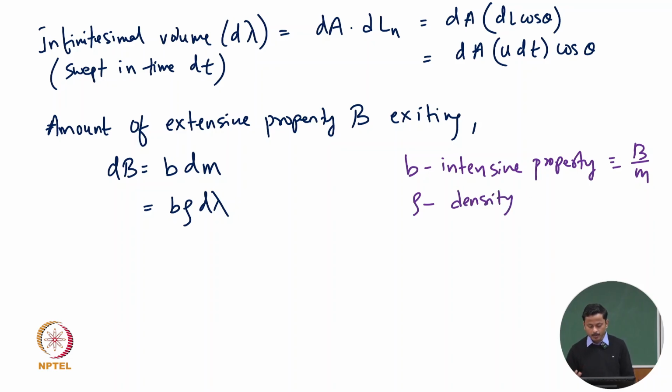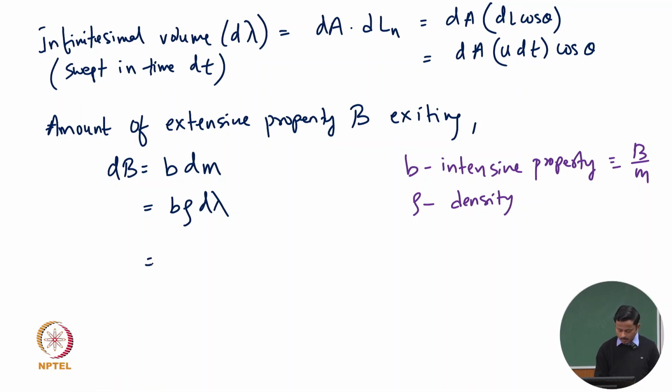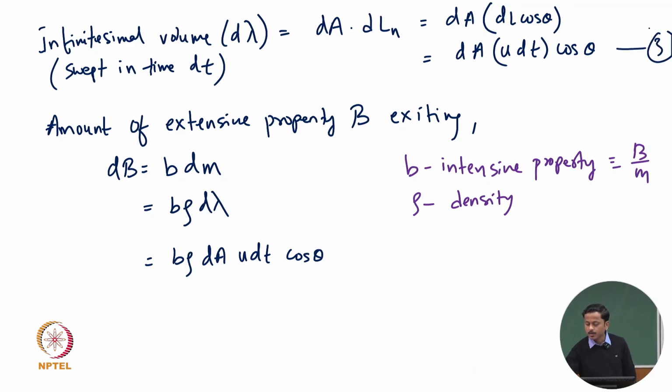If it's a fluid, it could be a liquid or a gas. So this is the density. These are all generic properties of the system. So b rho dA u dt cos theta. This is where we have derived this expression.